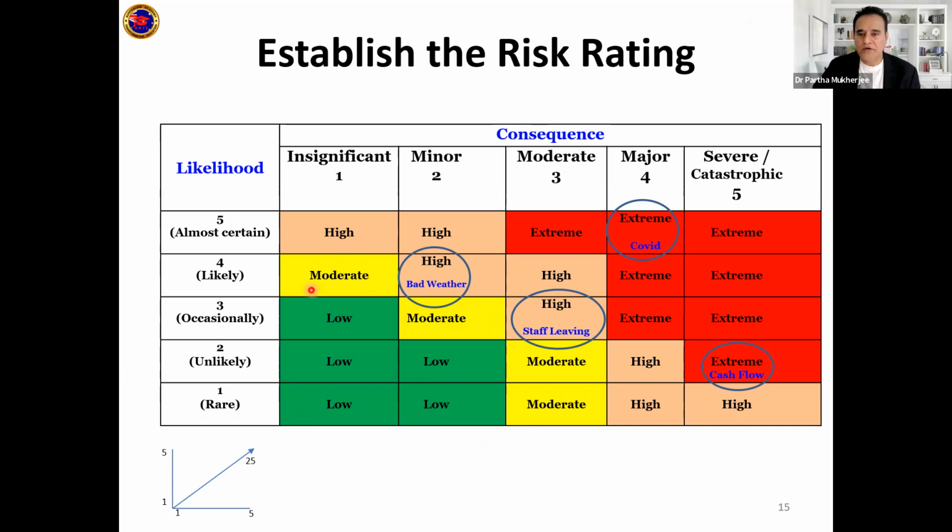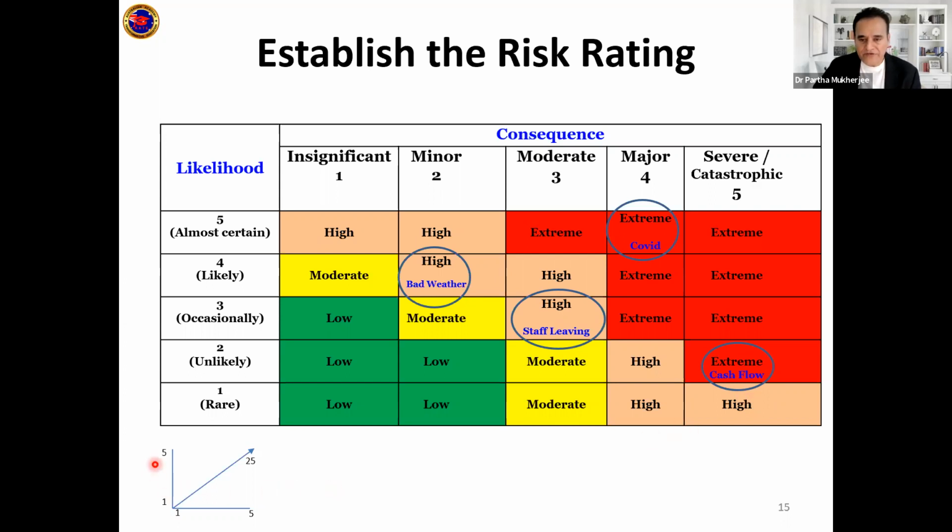Similarly, bad weather, we said it is likely to have bad weather, but the impact is minor. And I'm saying this is a high risk category, not an extreme risk category. Similarly, the staff, occasionally I might lose staff and the impact is moderate, it'll be high. But the cash flow, though it is unlikely, the impact is severe, so it will be extreme. The rating for the risk related to cash flow is extreme.